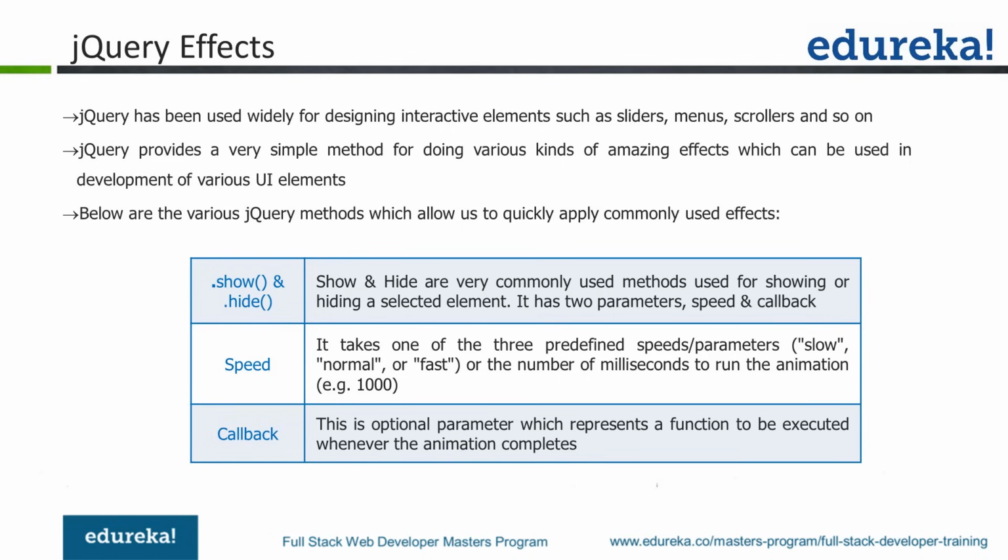One is speed, in terms of how slowly or fast or immediately you want to display or not display them. Then it takes a function as well. So let's suppose after showing or hiding you wanted to do something else based on the element being shown or hidden, the callback function is provided where you can execute any code that needs to be executed after the element is shown or hidden.